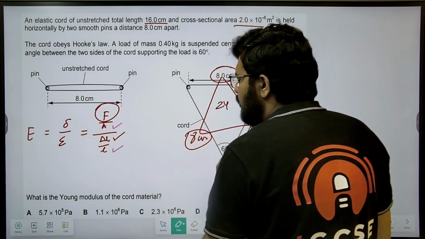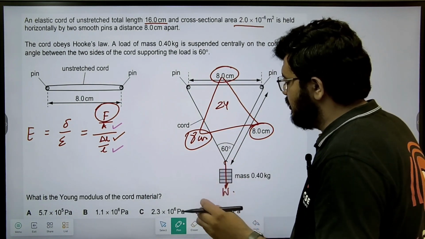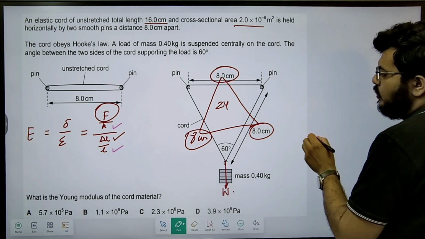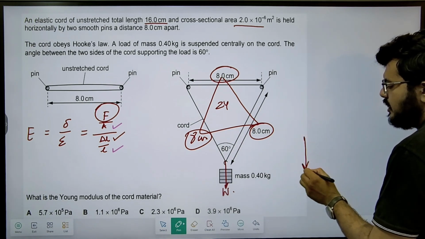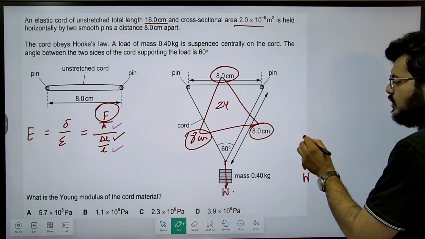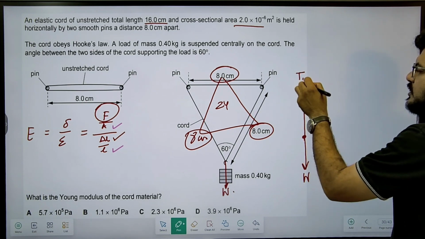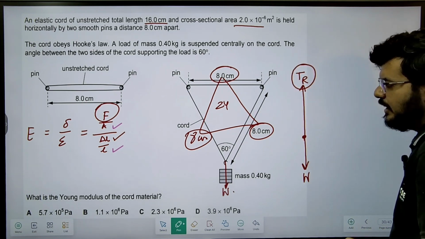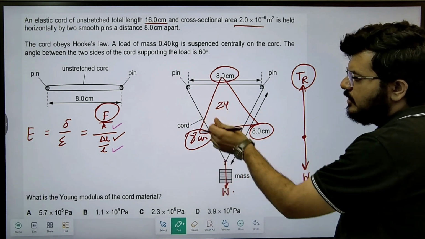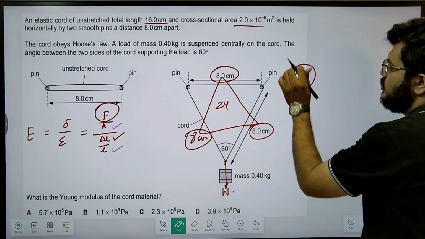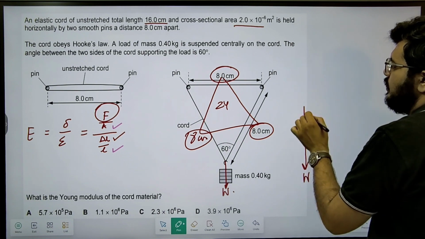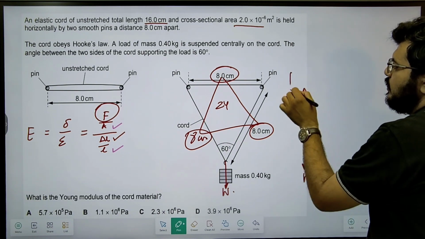Let's also calculate the force, the tension that is causing this stretching. Now if I want to draw a free body diagram, can I say W is the resultant tension, right? Because it is pulling the cord from both sides, it should be equal to the resultant tension.